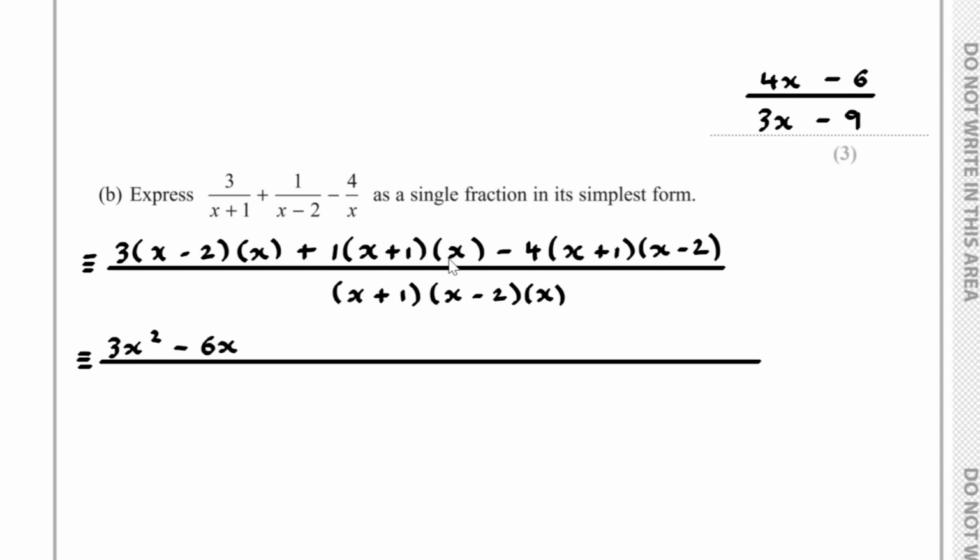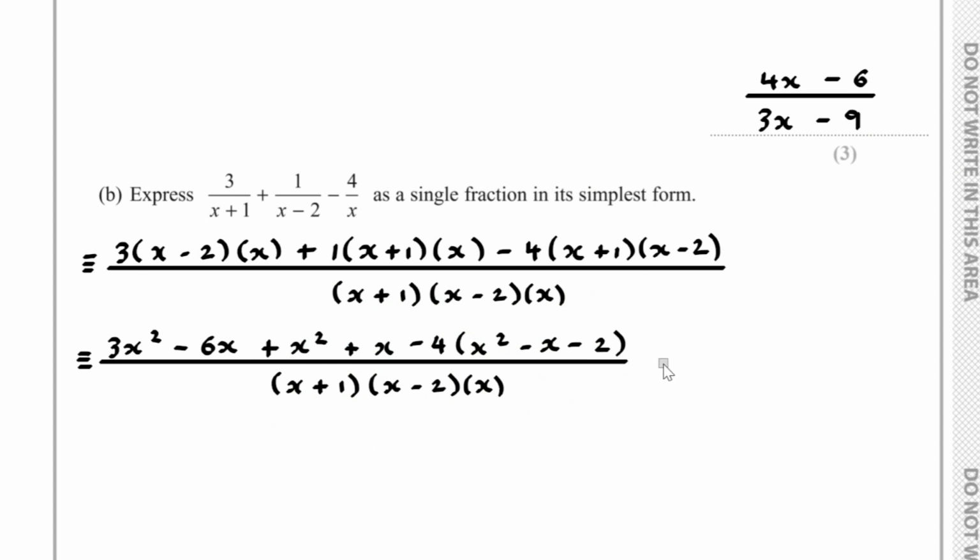And then I've got x times x, which is x squared. And then I've got another x. And then here I've got minus 4 times x plus 1 times x minus 2. Well, I've got the minus 4, and then x times x, which is x squared. Then I've got minus 2x plus x, so that is minus x. And then I've got the minus 2. And along the bottom, I've got x plus 1 times x minus 2 times x.